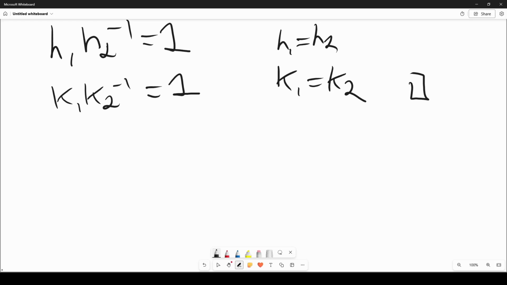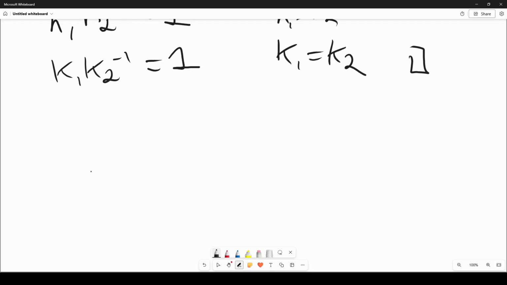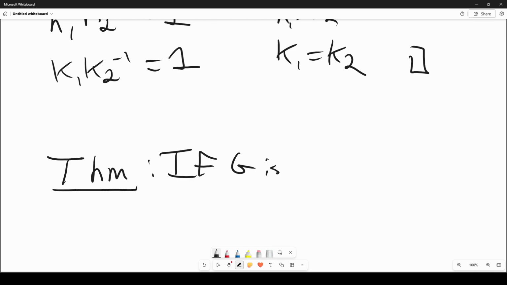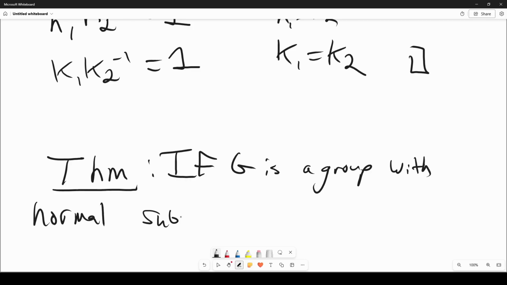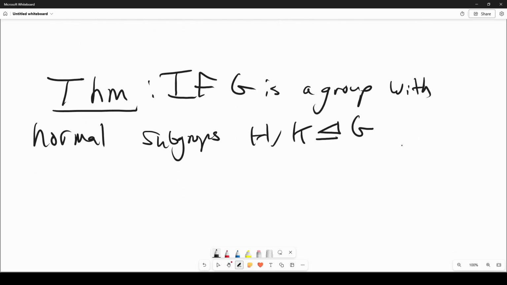So finally, we get the best way of identifying factorizations, which is the following theorem. If G is a group with two normal subgroups H and K, normal in G, such that we get the following.